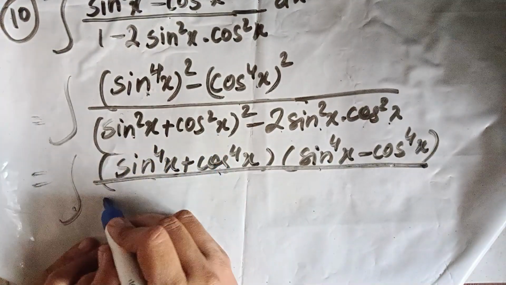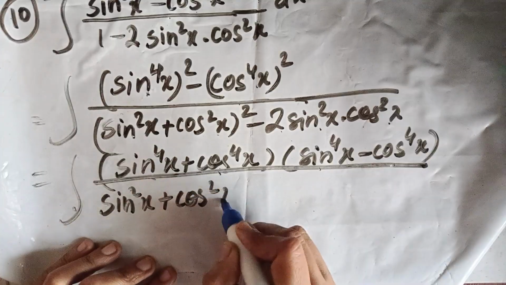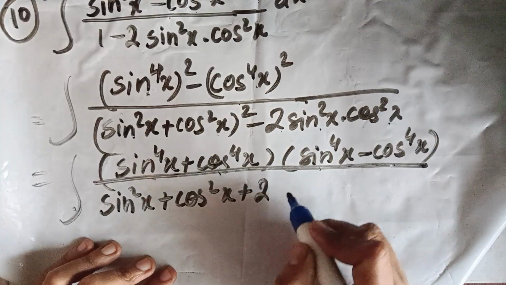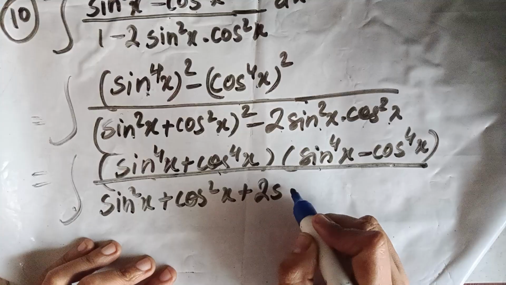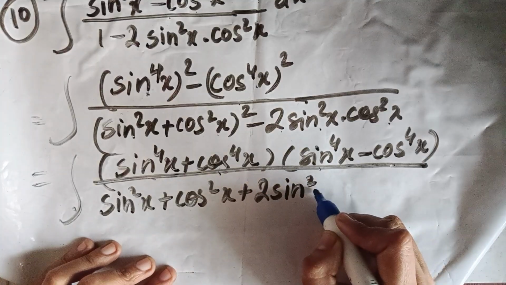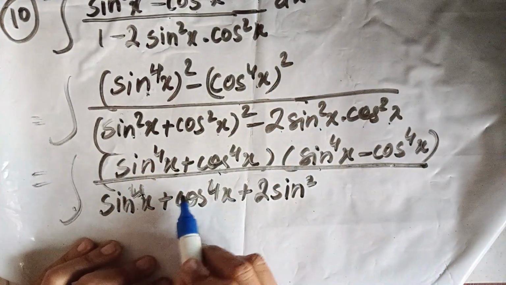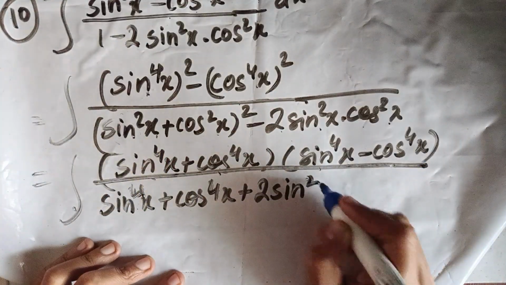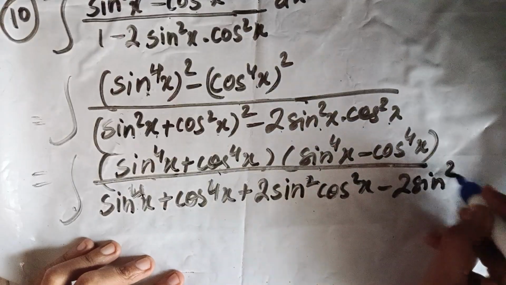Here, if I expand this, we'll get sine square x plus cos square x plus 2 times sine square x into cos square x minus 2 sine square x into cos square x.